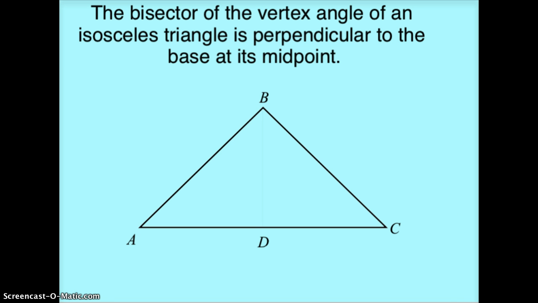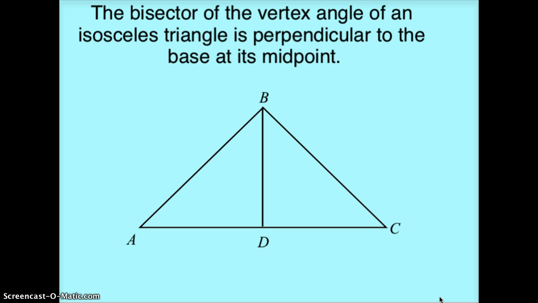Let's take a look at the picture that's given here. If I have a bisector of the vertex angle, which in this case would be angle B, then I should be able to use that particular information in that definition to prove that triangle ABD and triangle CBD are congruent.